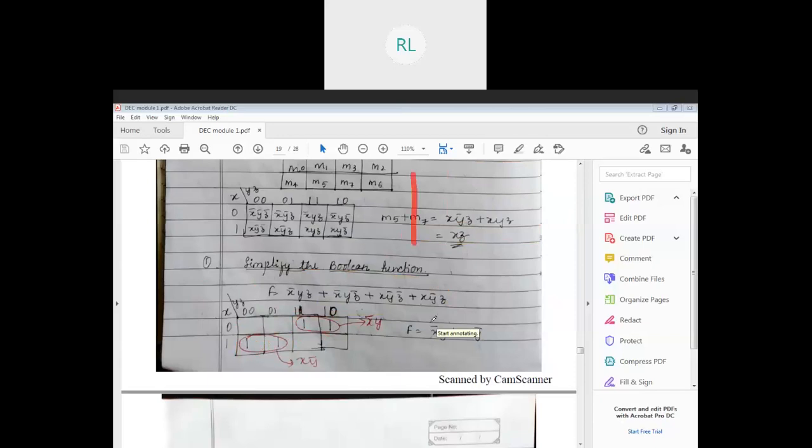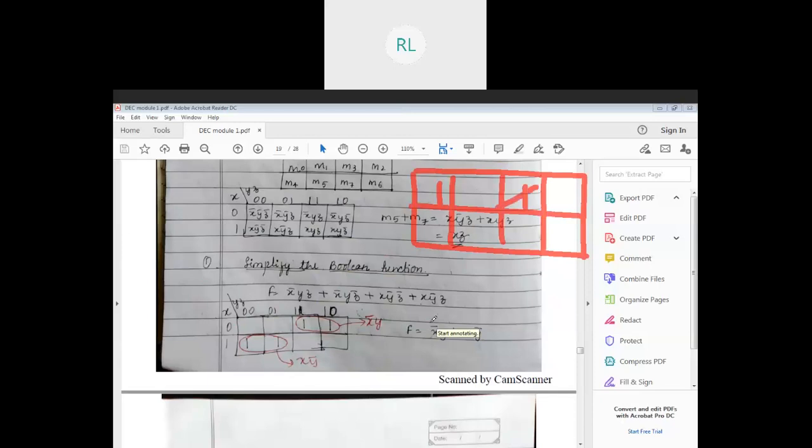So how many do we have? We in fact have more. 1, 2, 3, 4, 5, 6, 7, 8. Yeah, we need 8 squares. So let us say I have a 1 here and I have a 1 here.